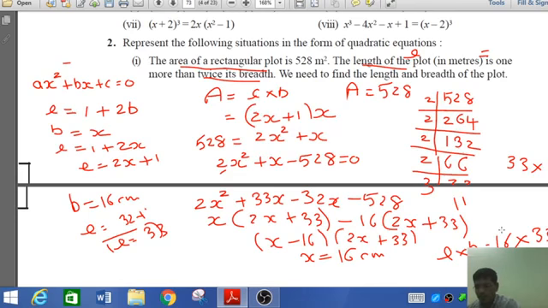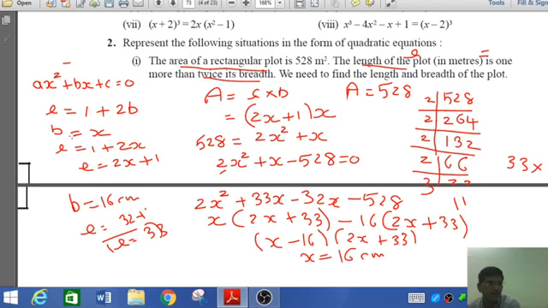Again I explain properly because these are all important sums and you must know how we can do this. What is the first concept? Area is given, that is 528 meter square. The relation between breadth and length is given.